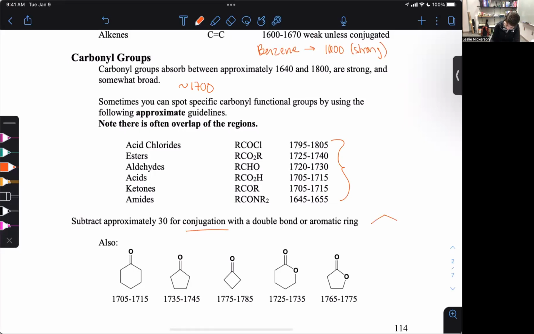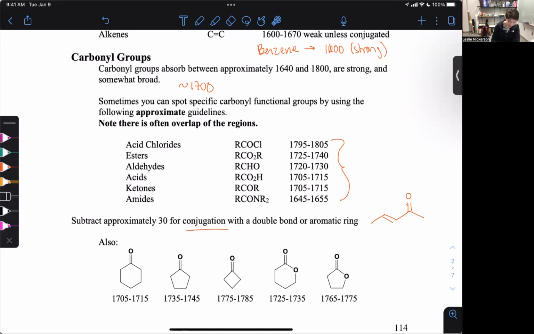So for instance, I would expect this ketone, because it is in conjugation with that alkene, this is going to be about 30 less than a regular ketone. So if I consider a regular ketone around 1710, right? So then I'm looking at something that's 1680.